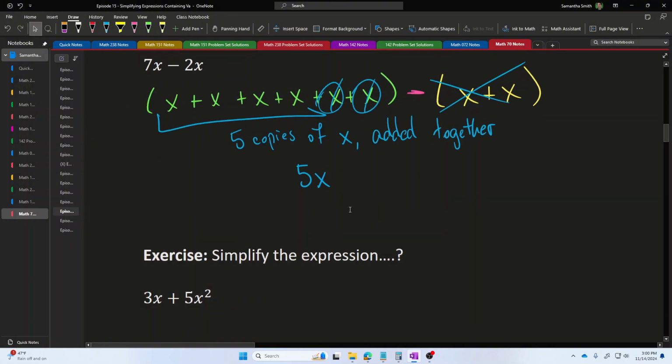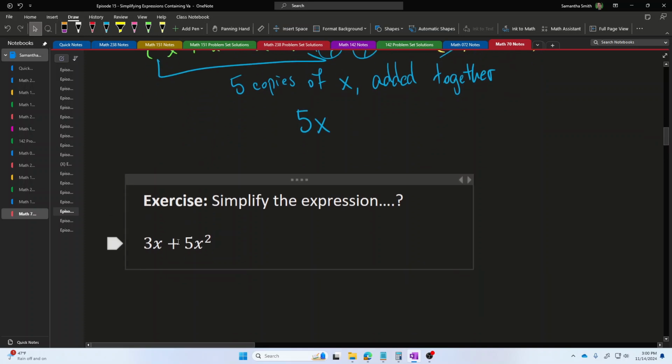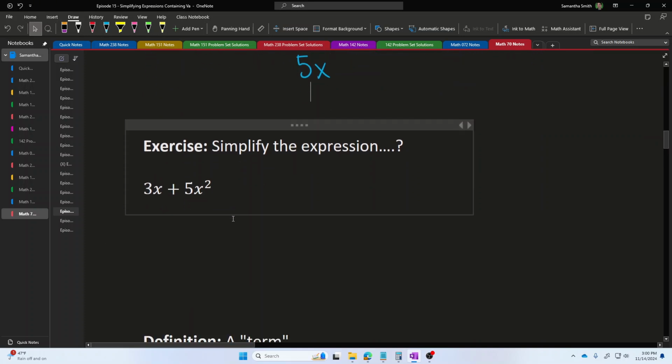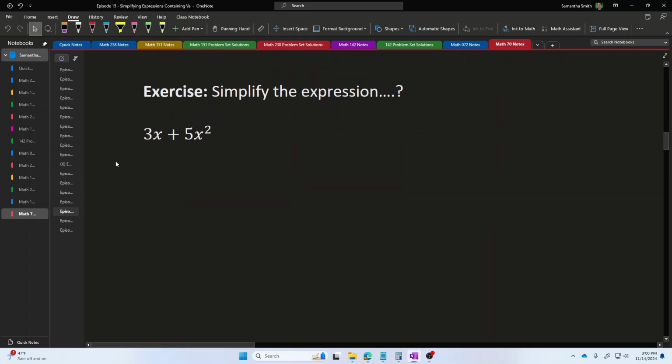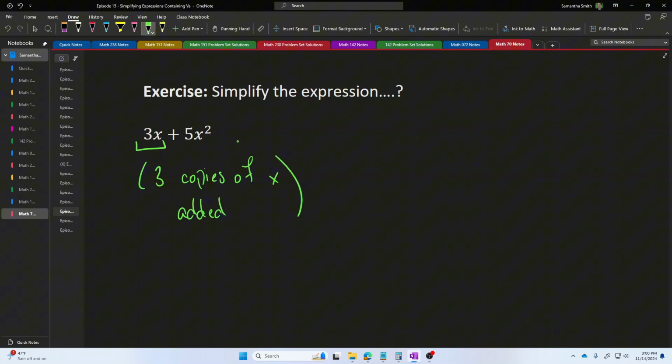However, if I made a little bit of a modification to this expression, if I had, instead of 3x and 5x, an exponent on one of those x's, now it becomes a little bit harder to combine these two piles, right? Because this first pile is three copies of x added together, but this second pile is five copies of x squared added together.